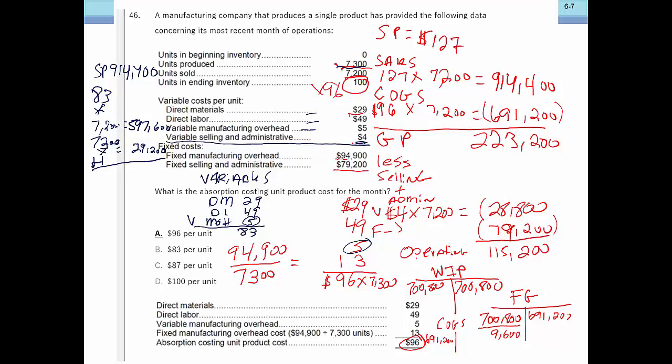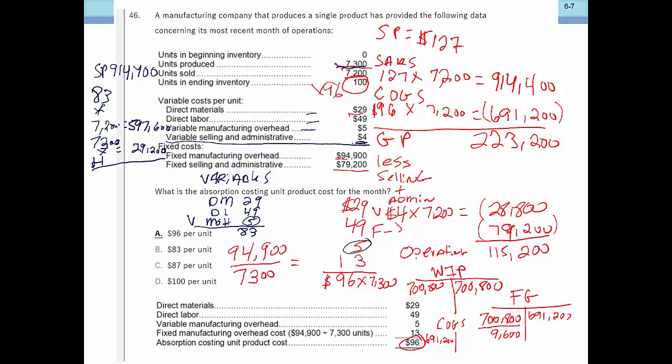287,600 for my contribution margin, and then I'm going to go ahead and take off my fixed costs. Fixed costs are what? My fixed manufacturing overhead is this 94,900.